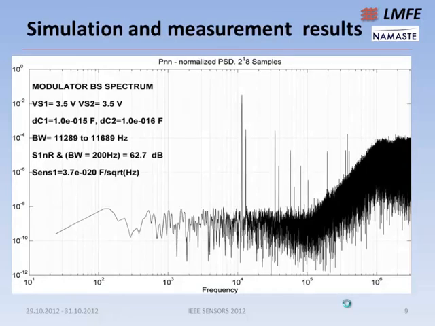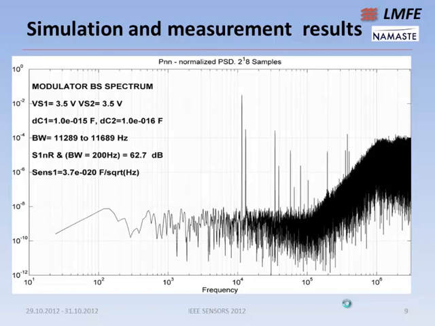So this is the spectrum for two capacitive pairs. One is represented by this spectral line, and another one by this spectral line. This was the system level simulation result. This was for 1 femtofarad, this spectral line, and this was for 0.1 femtofarad, this spectral line.